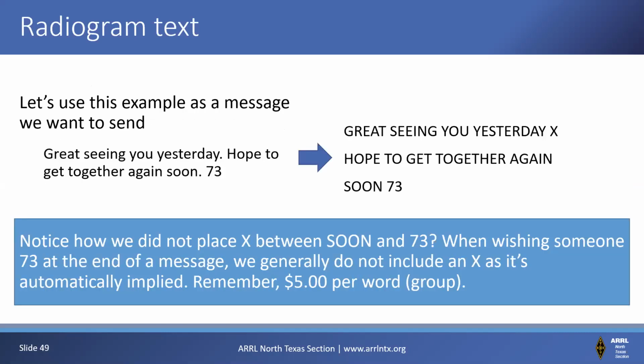And so here's how this would translate. Great seeing you yesterday, initial X-ray. Hope to get together again soon, figures 7-3. Now, I didn't need to put an X-ray between soon and 73. You can kind of gather that was the end of the sentence. And so why spend the $5 to put a period there when I don't need it, right?